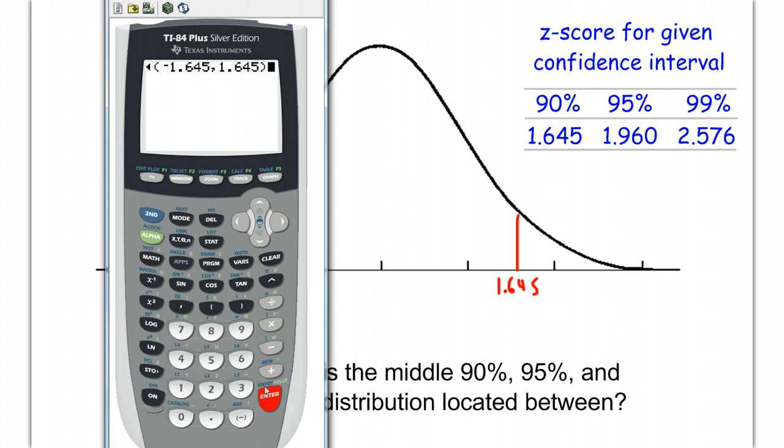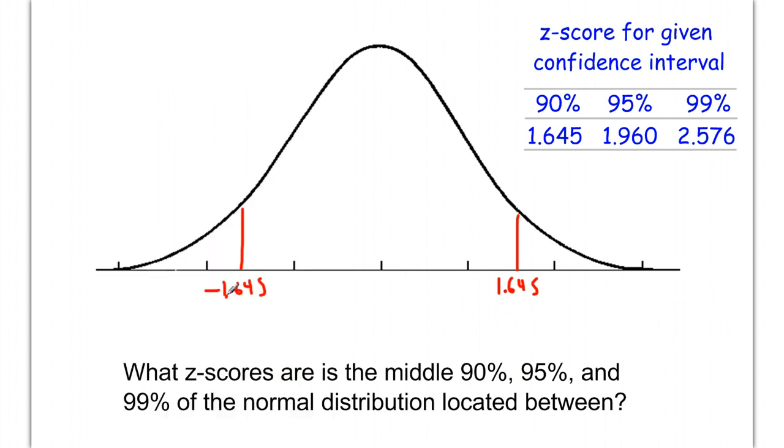What we'll find is the area between them is almost exactly 90%, or 0.90.